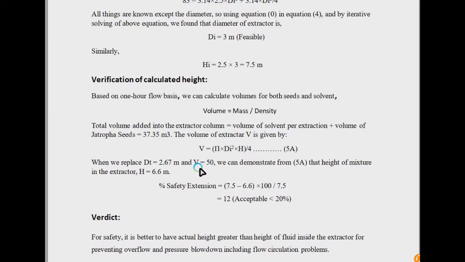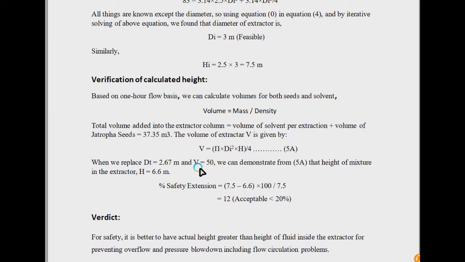There is no parameter or relation defining the mass transfer inside the column, because even the whole volume is enough to flow inside the vessel. We have, for example, a 14 meter cube volume of mixture and a 14 meter cube vessel, so my design is completed because the vessel volume is enough to contain the mixture volume, or the heat transfer is enough to maintain the temperature that is needed for the extraction.